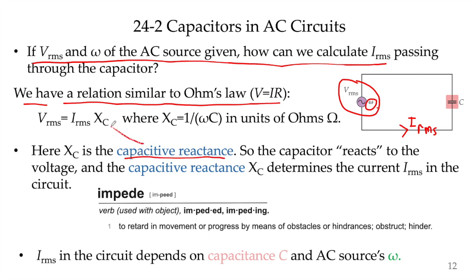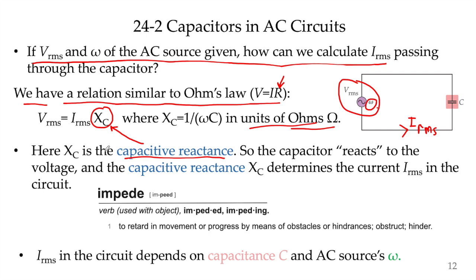This X sub C acts like R in Ohm's law. R is in units of ohms, and the capacitive reactance is also in units of ohms. Just look at the analogy. This is just like Ohm's law, but instead of resistance we have the capacitive reactance.